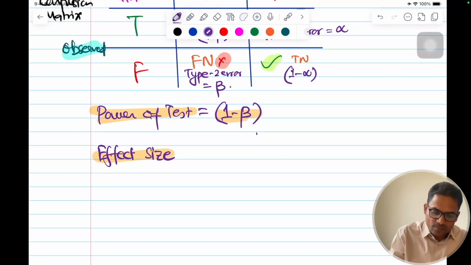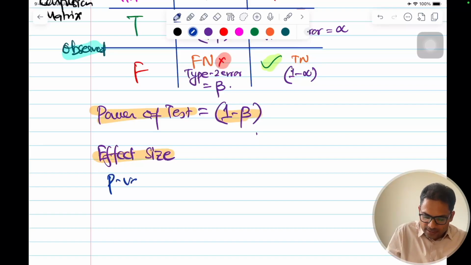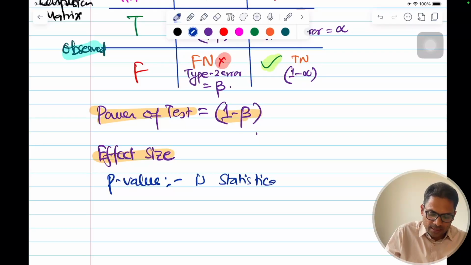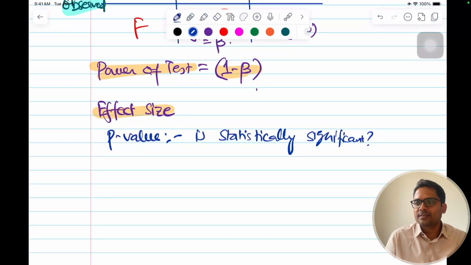Okay, and that's where effect size comes into the picture. So the p-value only tells whether the test you have done is statistically significant or not. But effect size measures how much of an effect there is. Because of medicine 1, if the recovery time is much less than medicine 2, it captures that magnitude of the effect or the difference.